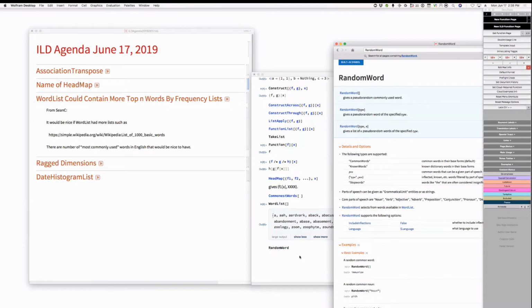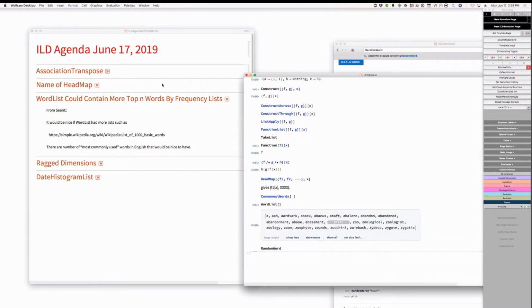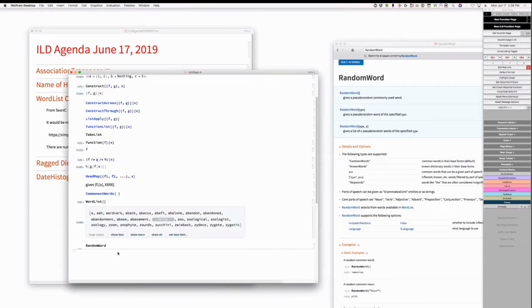The exact definition of that isn't super well laid out, but I think it ends up being about the 40,000 most common words in our dictionary. And so I don't know if it makes sense to add additional filters like very common words, or if we just want to have those umbrella categories. And then I would think that we could do something like random word.